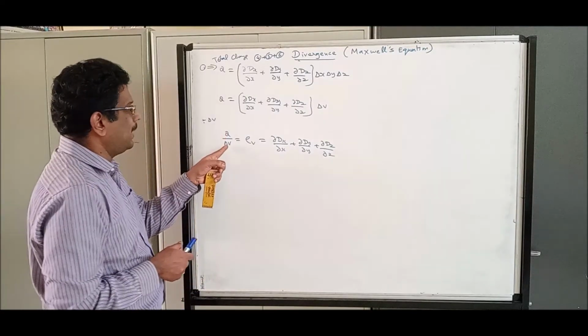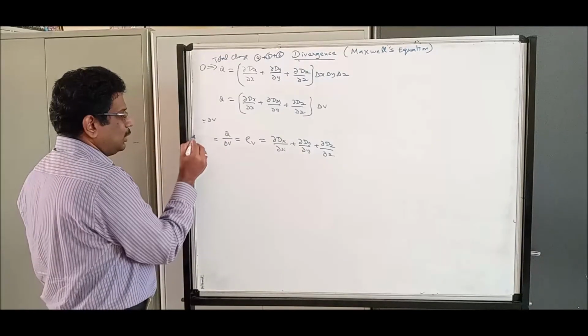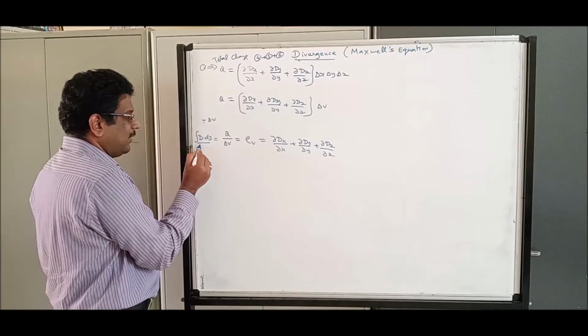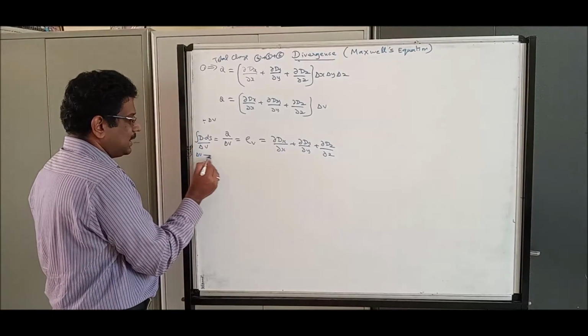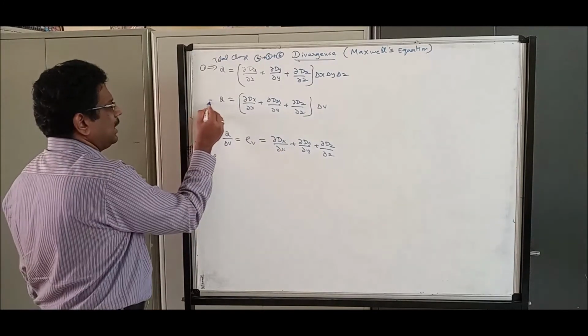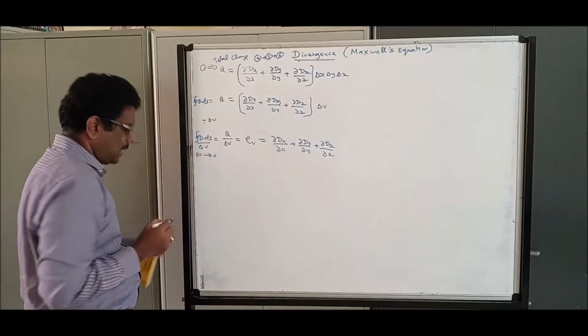You should know Q by ΔV came from the Gauss law, you remember. The closed integral of D dot dS was the Gauss law, divided by ΔV. As ΔV tends to 0, you will get this particular equation.